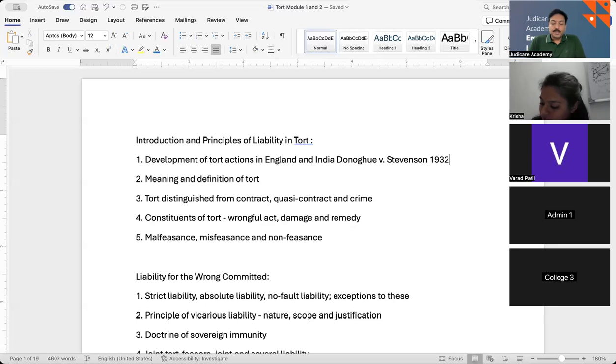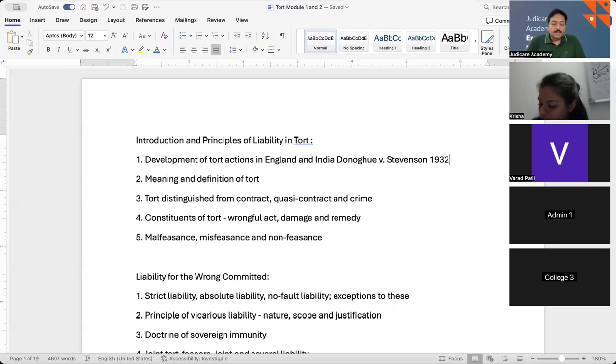Second case example is Baker v Willoughby, 1970. V is for versus. Now, this is also a case law, but this is for misfeasance.